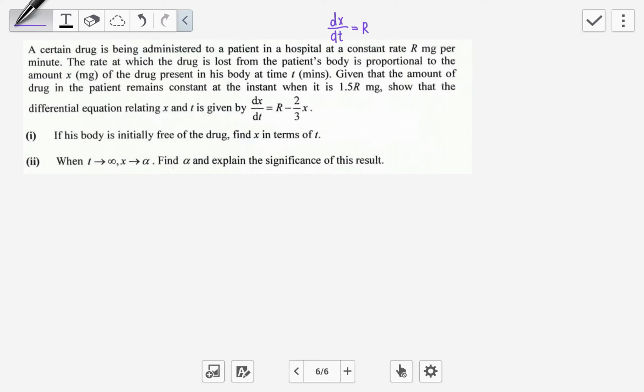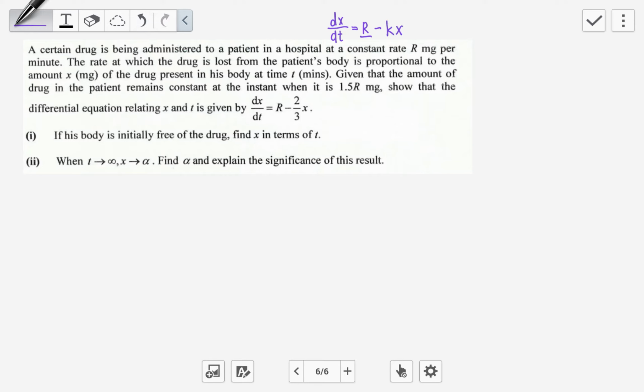But this is what enters the patient's body, and the drug is lost from the patient's body at a rate proportional to the amount of drug present in his body. So dx/dt equals whatever enters the patient's body minus whatever leaves the patient's body.